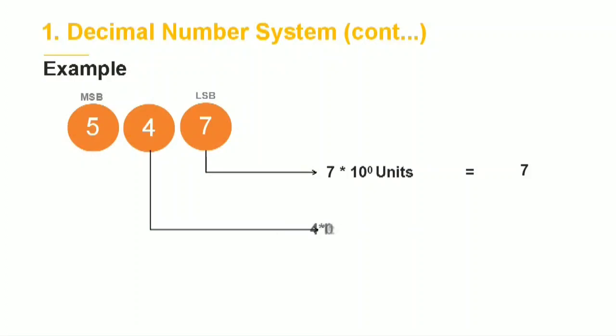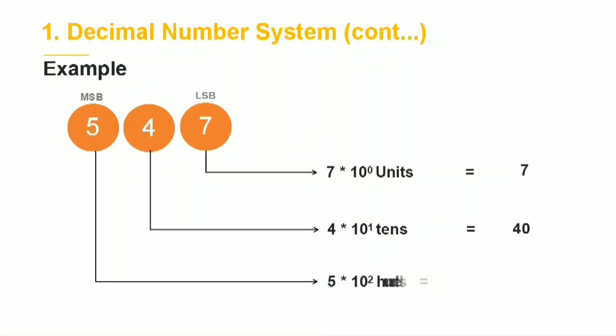In the mentioned example, 5, 4 and 7 are the face values and their place values are hundreds, tens and units respectively. The place value of a digit depends on its position in the number. So here the complete answer is 547. I know that all of you know this concept as we all are learning in the maths subject. Okay?